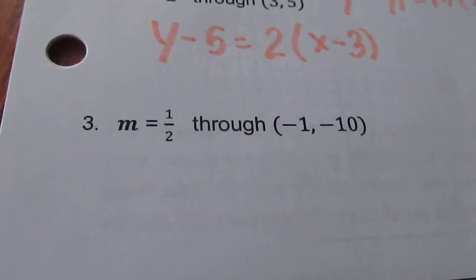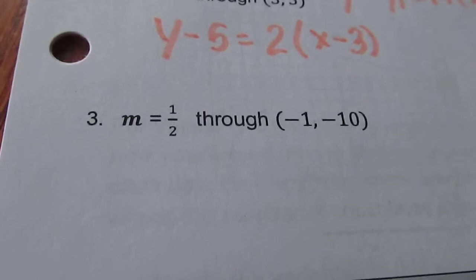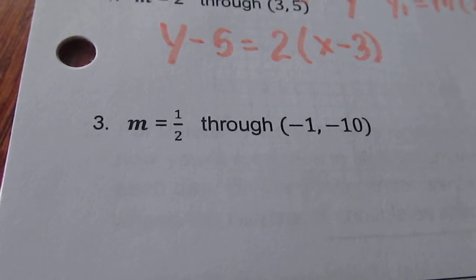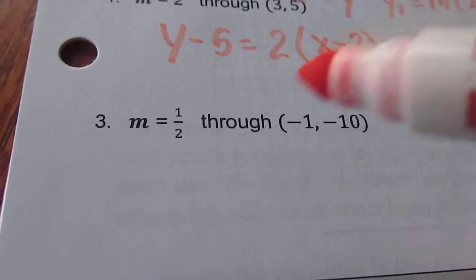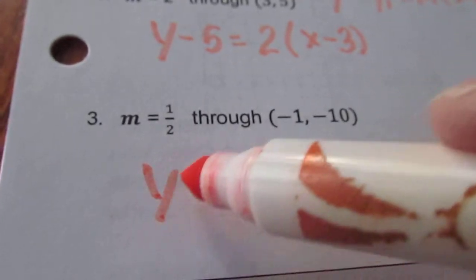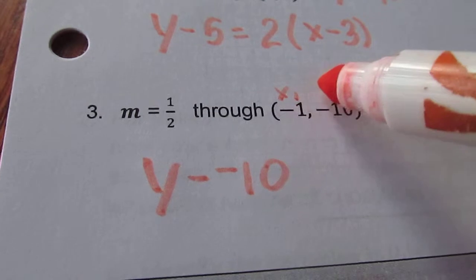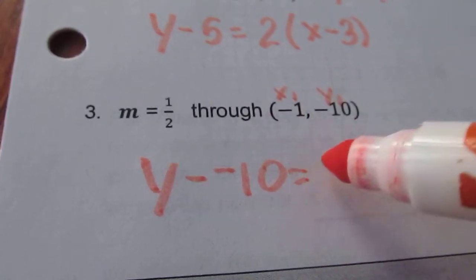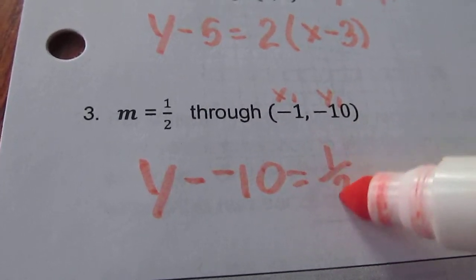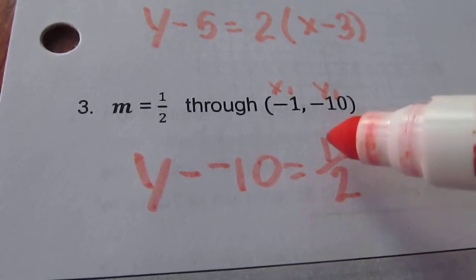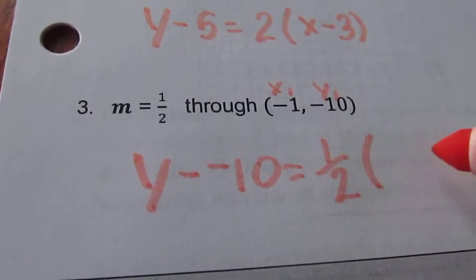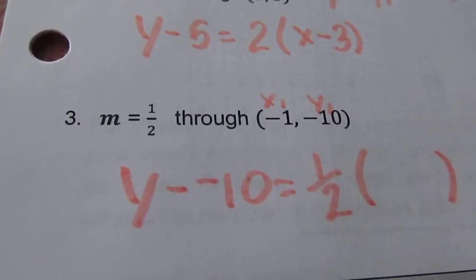Give you a moment to try this one. Okay, we have y minus negative 10 equals the slope. What's nice about these equations is any slope, it could be the most intimidating fraction, like 7 over 11.